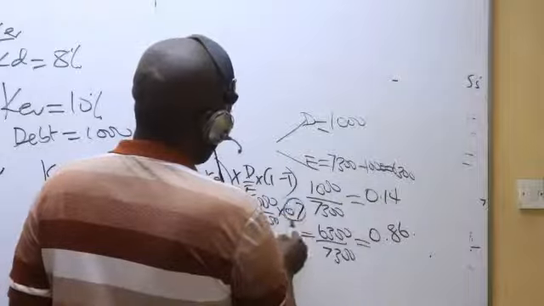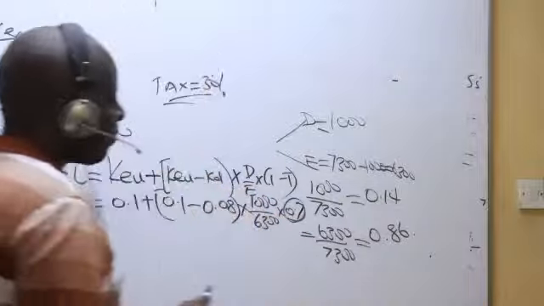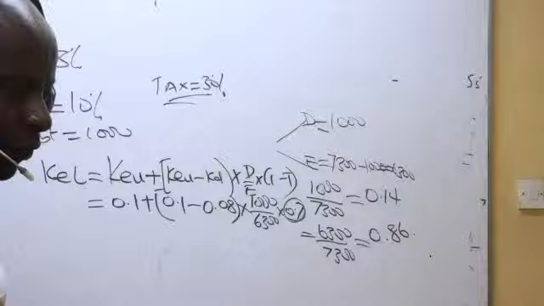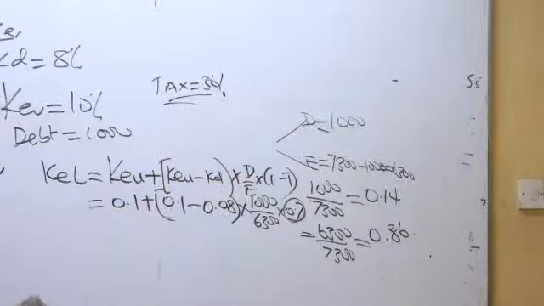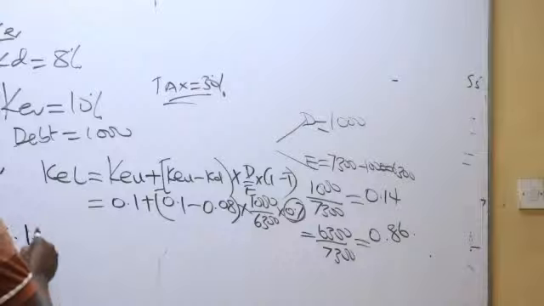Are you able to see where I got the 0.7 from? 1 minus 30%. Thank you very much. So therefore, KEL will be equal to what?